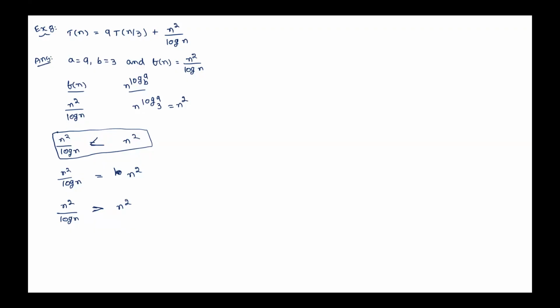But if we take big O of n power 2 minus epsilon, then what? First, to answer the question, is n square by log n smaller than n square? The answer is yes.